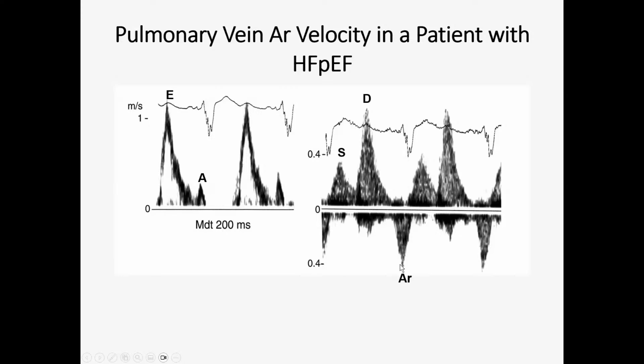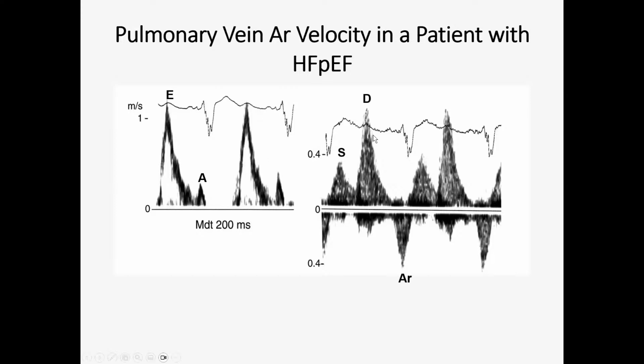In comparison, the atrium takes a longer time with a large atrial contraction velocity in the pulmonary veins. If we compare the duration for that atrial velocity in pulmonary veins with that across mitral inflow, we notice that it's much longer duration, and a difference of at least 30 milliseconds is consistent with an increased end diastolic pressure.